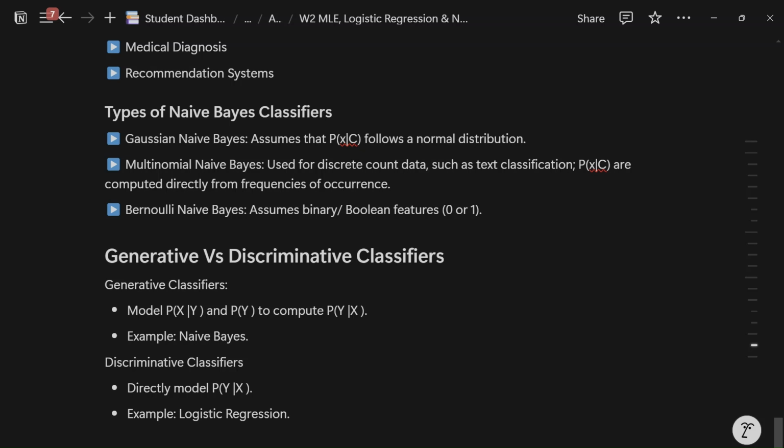Generative means it creates a label, and discriminative means it splits up the data set. I think so. That's a broad kind of analogy of it.